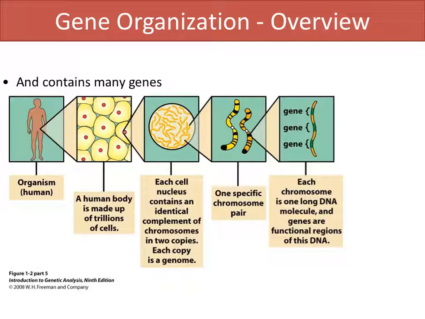Each chromosome is one long DNA molecule, unlike bacteria and archaea, which have circular DNA. Eukaryotes have a long strand of DNA. And they actually have 2. One from mom, one from pop. And the genes are the functional regions in that they code for proteins.